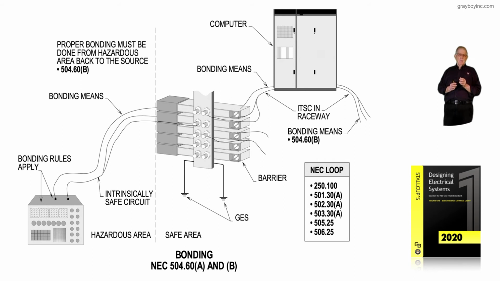If the vapor is present, say, less than 1,000 hours, but 100 hours or more, it's zone 1. If the vapor happens to be present less than 100 hours, but 10 hours or more, then it would be a zone 2.